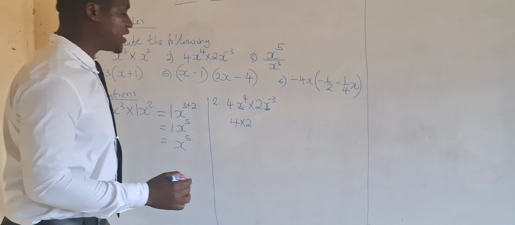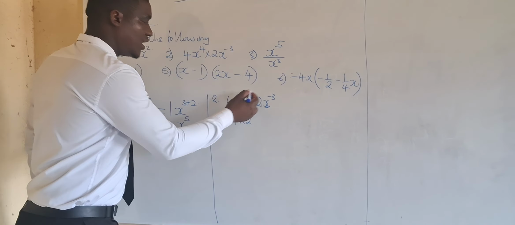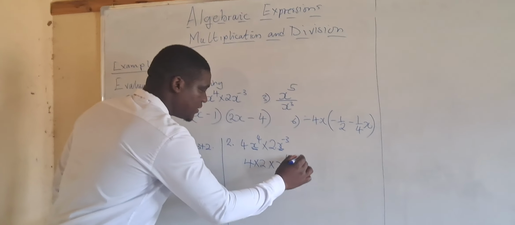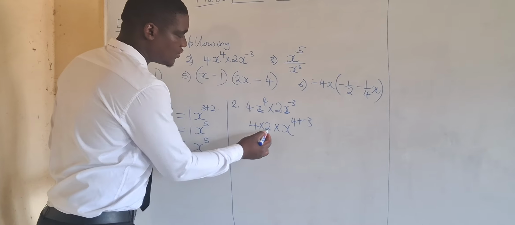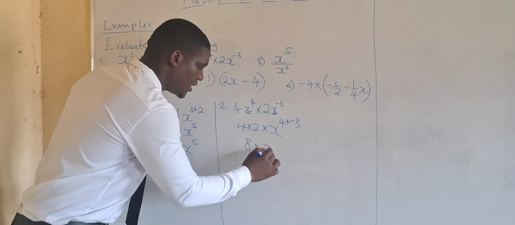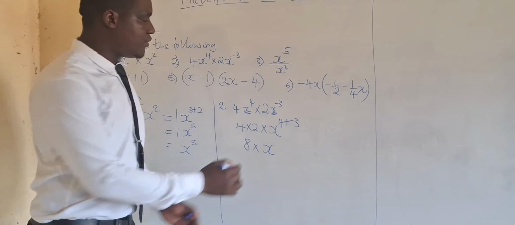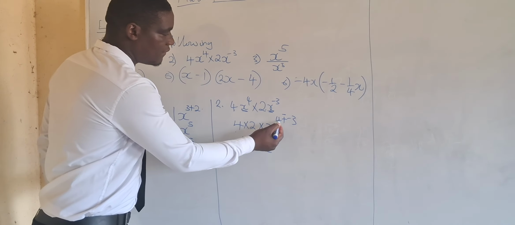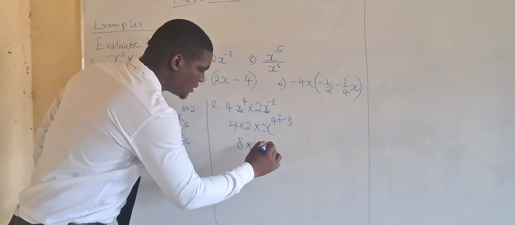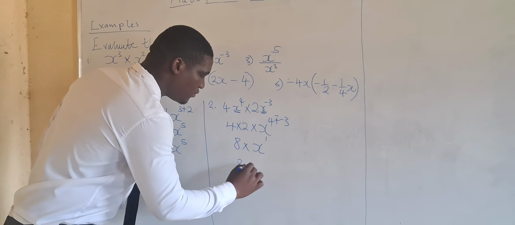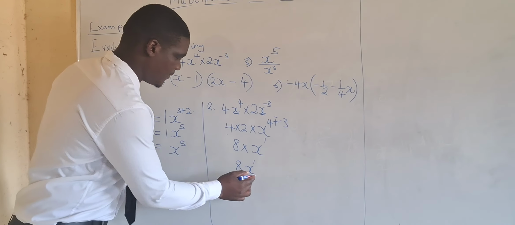The variables are the same, so you add the powers, x to the power 4 plus minus 3. You are saying 4 times 2 to get 8, times x to the power, plus times a minus, you get a negative, so you have 4 minus 3 to get 1. So our final answer is 8x to the power 1 there.